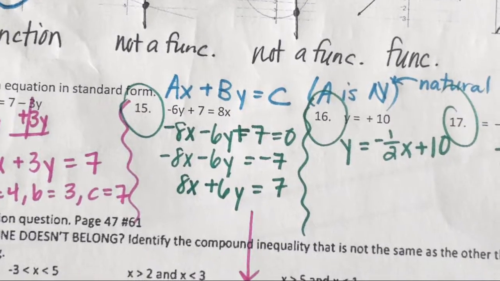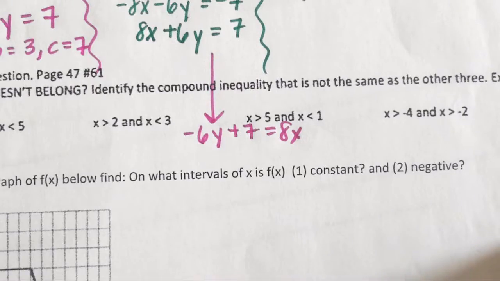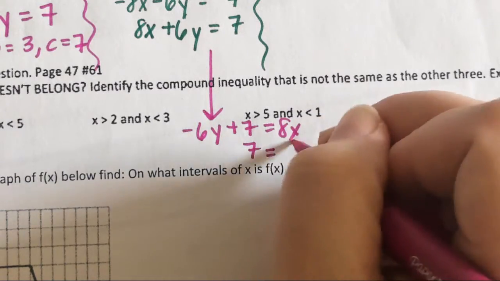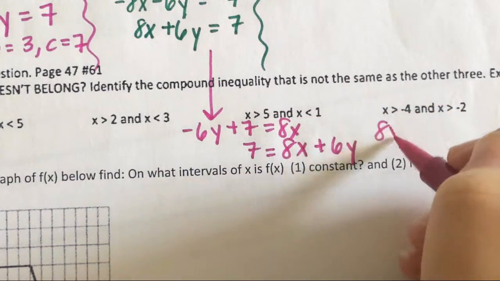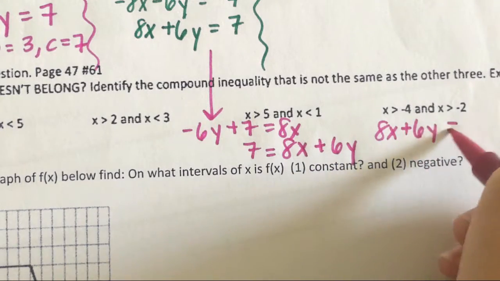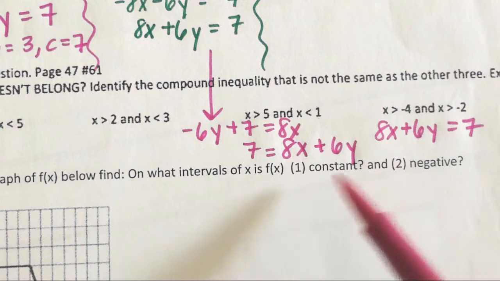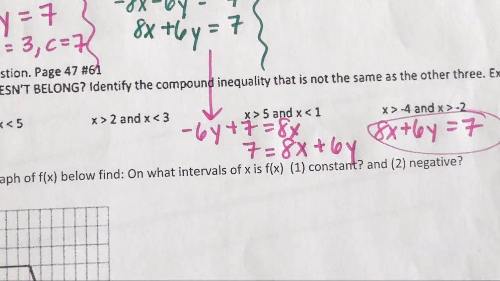Hunter realizes, hey, if I get the x and y on the right side, so I add 6y to both sides, doesn't that read the same as 8x plus 6y equals 7? Does it matter, as long as x and y are on one side and numbers on the other, that they're on the right side? No. So he made life so much easier. He did it in one step, whereas it took me 3. And he'll get his point if he can tell me A, B, and C.